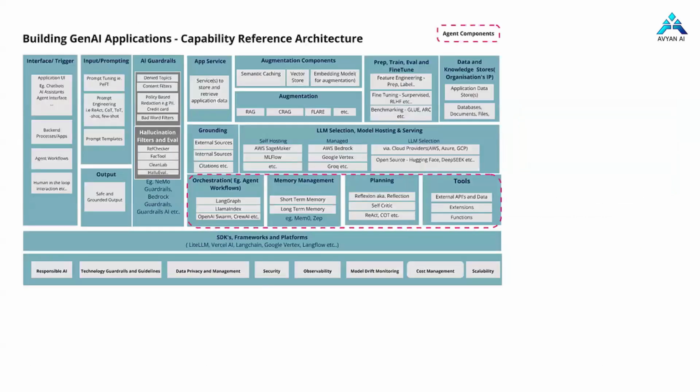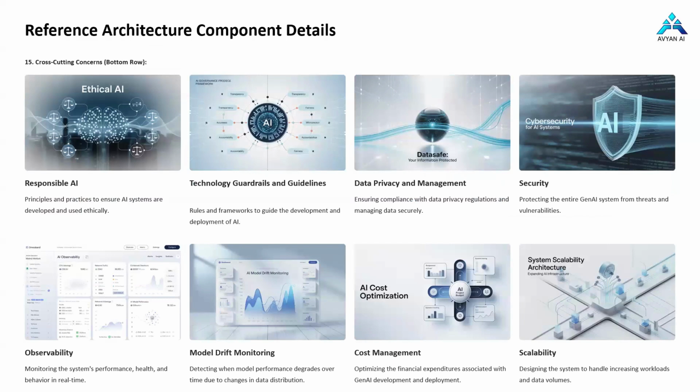Okay, the final thing, if you look at the bottom, is what we are talking about: responsible AI, guardrails, data privacy, security, etc. Responsible AI, I think we discussed. Whatever output it is generating should be ethical, responsible, trustworthy, etc., because at the end of the day it should not harm a human being.